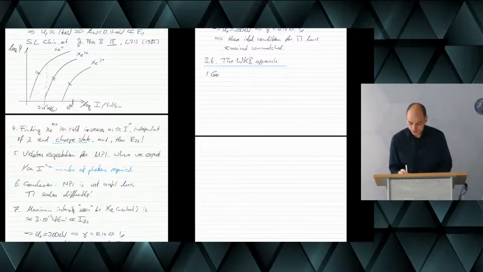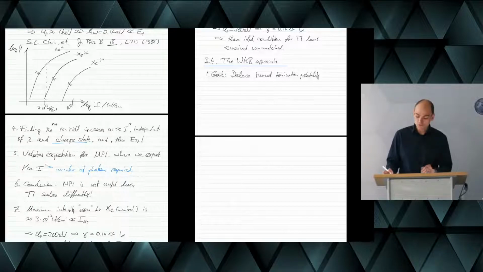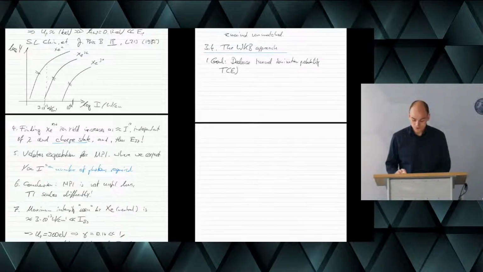So our goal is to deduce the tunnel ionization probability as a function of the electric field strength, so T of E. We do this in 1D, and we'll use the WKB approximation.